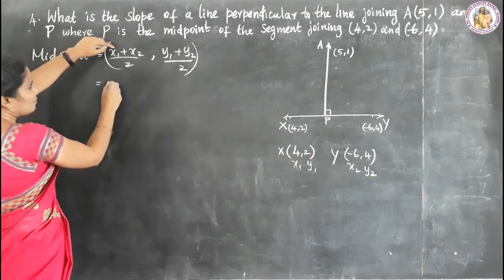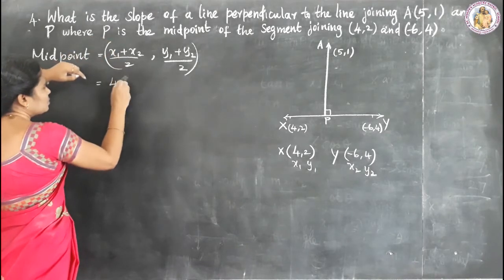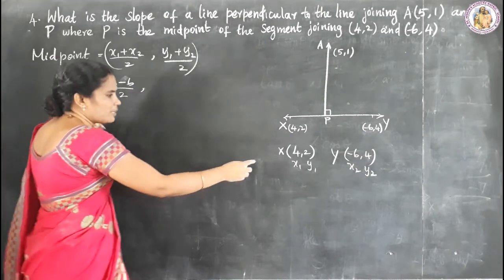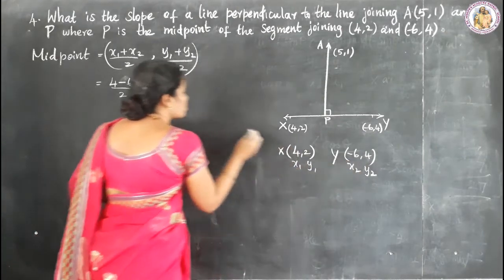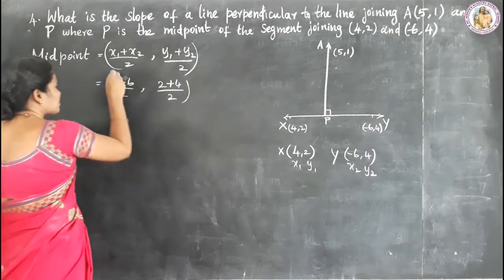So x1 is 4 plus x2 minus 6 by 2, and y1 plus y2, where y1 is 2 and y2 is 4, so 2 plus 4 by 2.